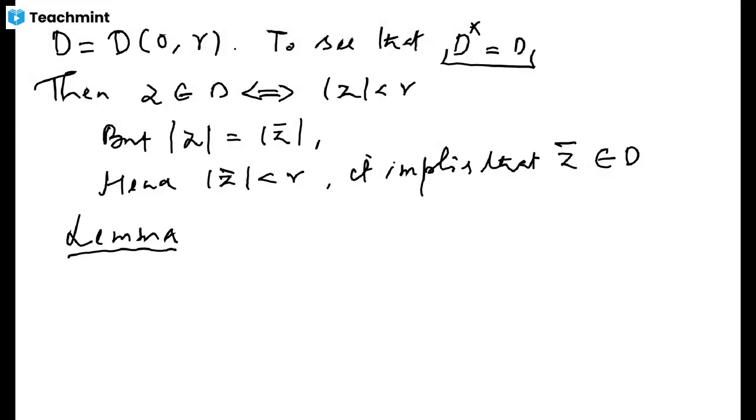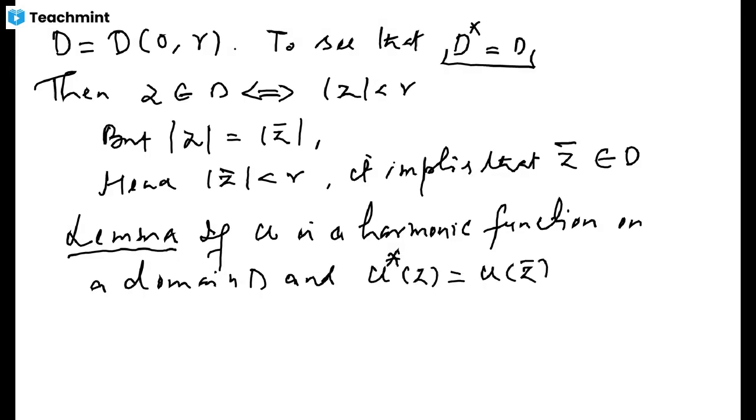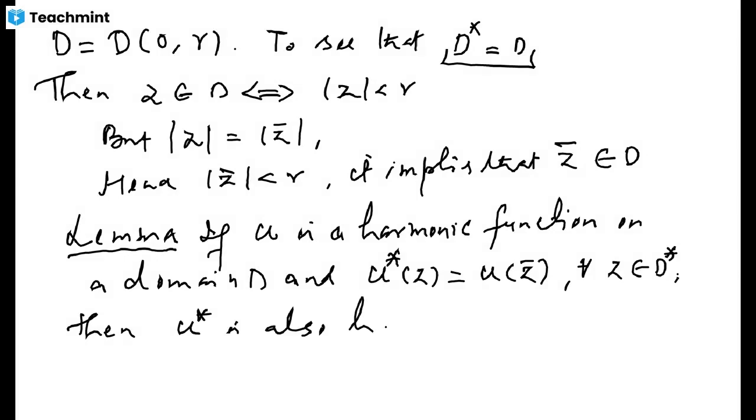The lemma states that if U is a harmonic function on some domain D, and suppose you have a function U star of Z defined as U of Z bar for each Z in the reflected domain D star, then U star is also harmonic in the reflected domain D star.